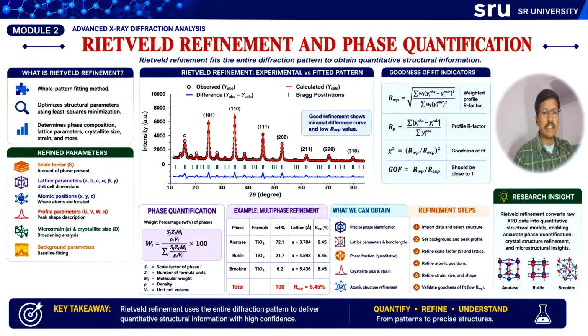So using this equation, we can find the weight percent of each phase. This is especially useful in photocatalysis, perovskites, energy materials, and nanocomposites, where phase composition strongly affects the performance.